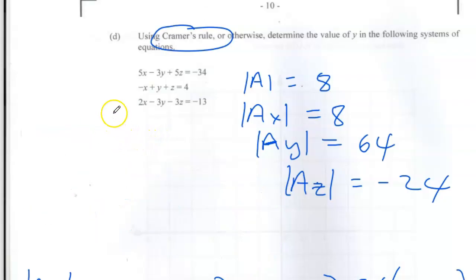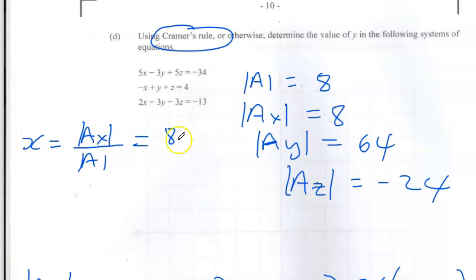So the formula for the solution should be straightforward to recall. The x value is equal to the determinant of A subscript x divided by the determinant of A. And if you notice, the determinant of A subscript x is 8 and the determinant of A is also 8, so x is equal to 1.